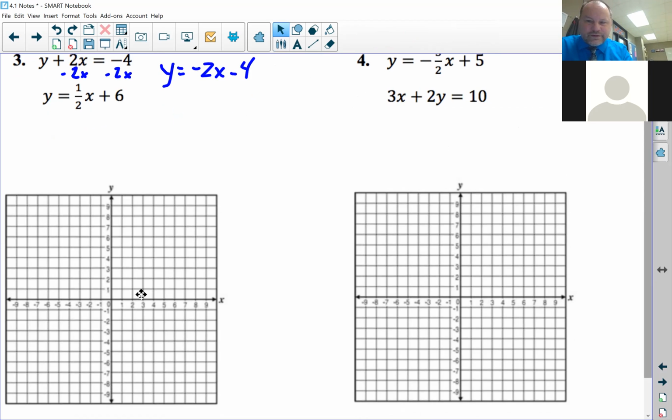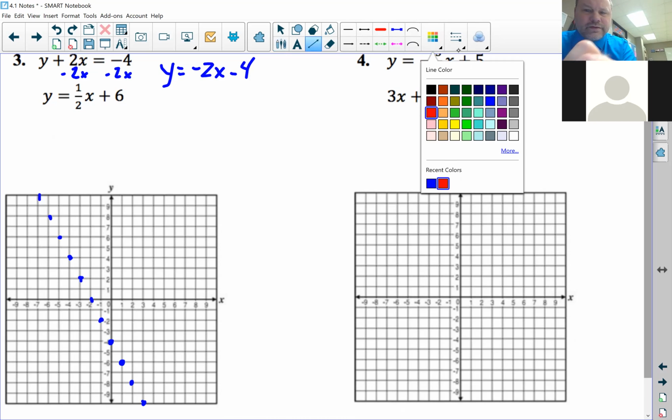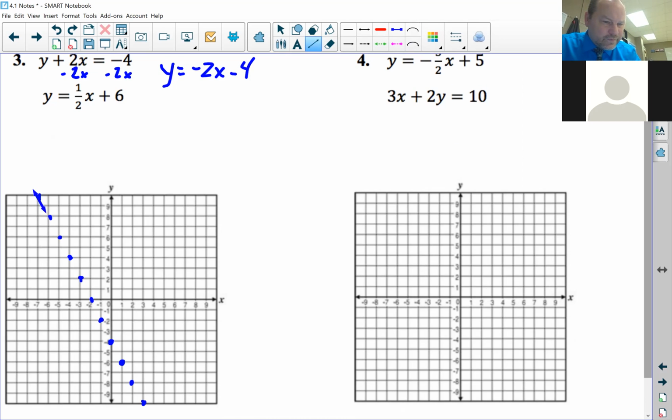All right. And down 2/1. The second equation is in slope-intercept form, so that's good.